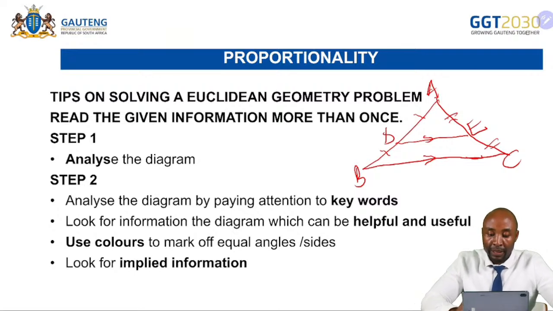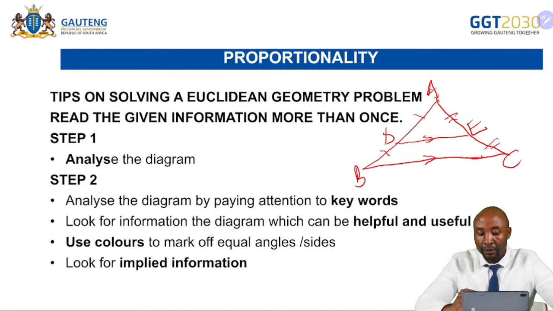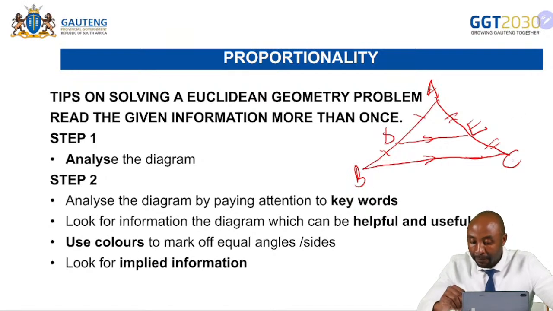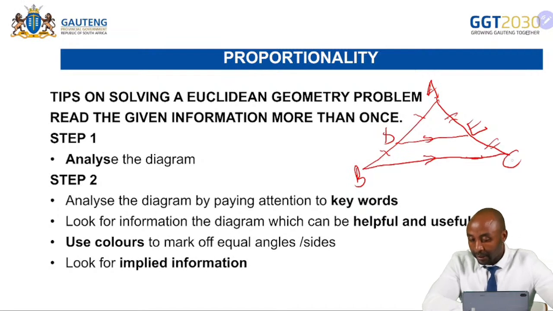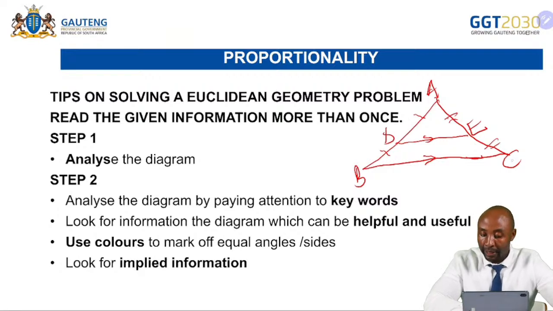Some of the information will not be given, but you must make sure that you add it onto the diagram so that things become clear and you are able to deduce implied information without being told. And once you deduce that DE is parallel to BC, which theorem do you think is being asked there? Some I know have already managed to get it right.